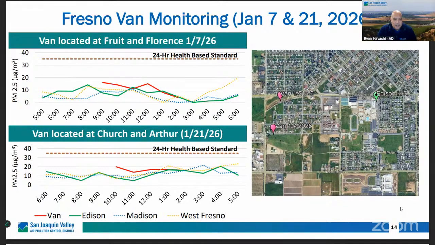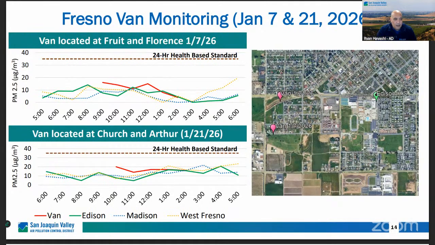Just taking it back to the last meeting when we were talking about this and the concerns that were raised by the CSC, there was a general feeling, due to some of the sources in those areas, that there may be higher readings there. By taking the van out on different days, we were really looking to see if there were spikes in that area that would reflect maybe a source component leading to increased emissions.